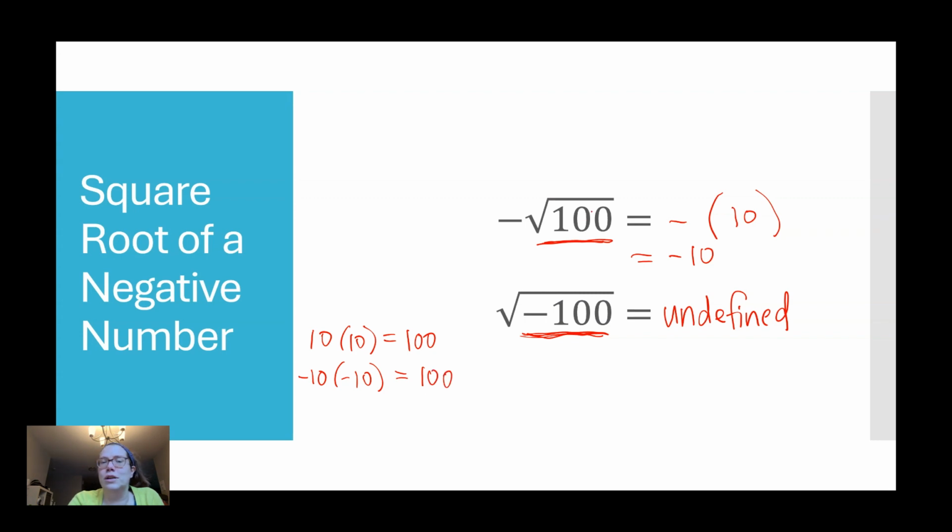So the square root of 100 could be negative 10 as well, right? But there's just no way, if you had a positive and a negative, that you can multiply to get a negative answer. But now this isn't a square root anymore because these two numbers are not the same number. So we can't take the square root of a negative because we do not have a number that multiplies with itself to give you a negative solution.